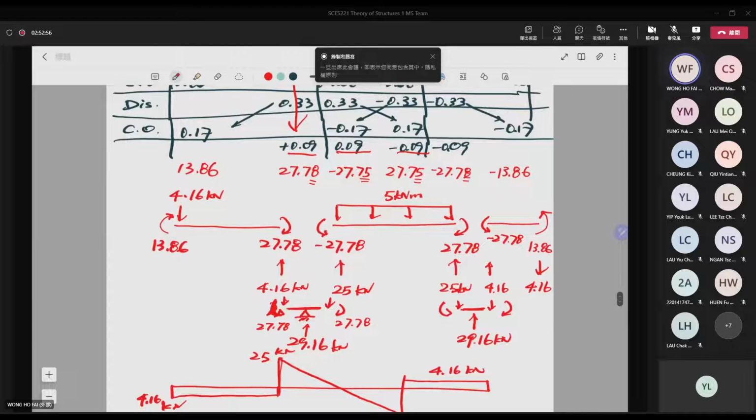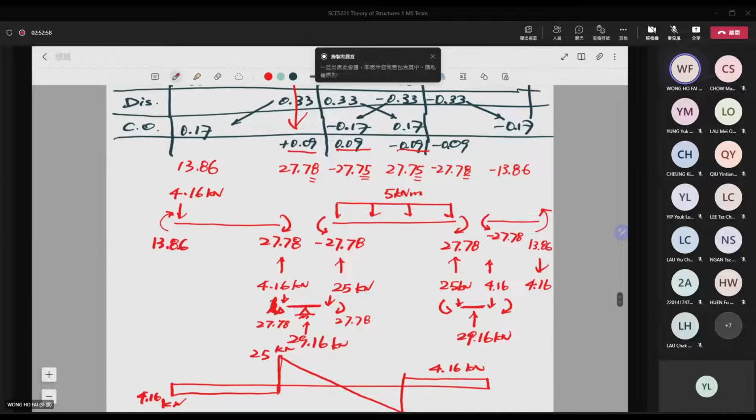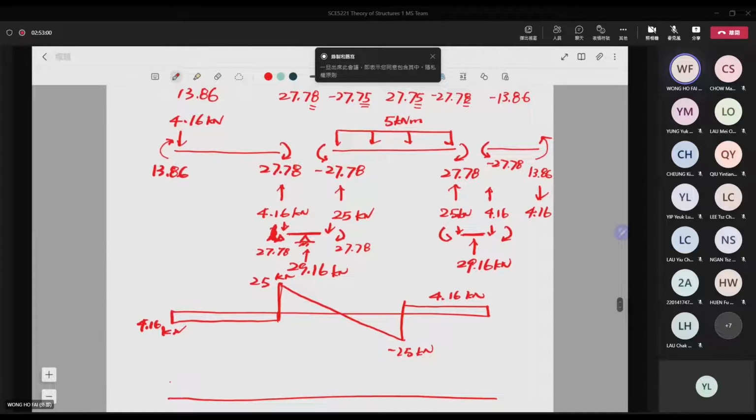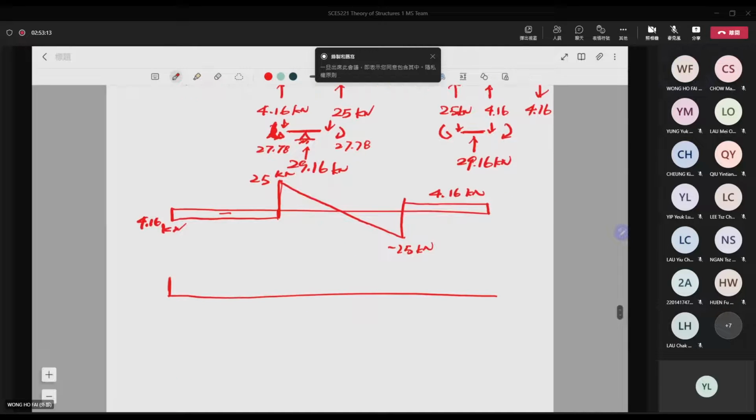For the moment, first of all, it is equal to 13.16, so it is a positive moment here. And then you can see that it is a negative value here. So you will go down and then go to a value equal to 27.78. This is the moment here. And then you will go up, and then you will turn down again.